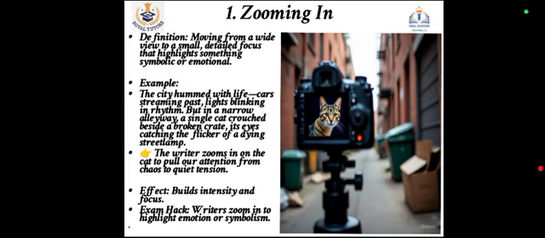Here the writer zoomed in on the cat to pull our attention from chaos to quiet tension. The effect is that it builds tension and focus. Exam hack: writers zoom in to highlight emotion or symbolism.